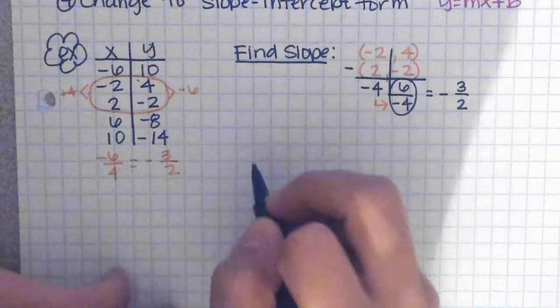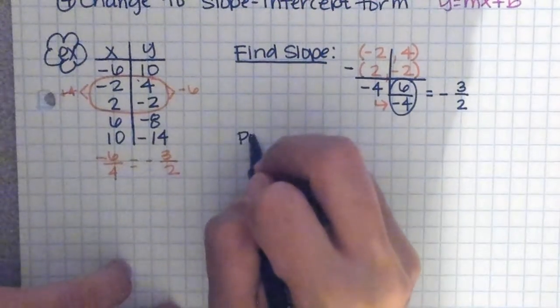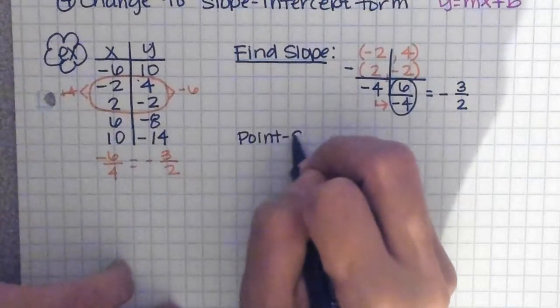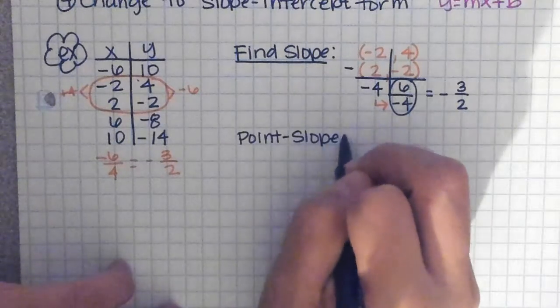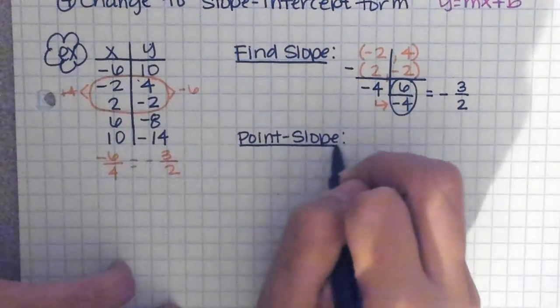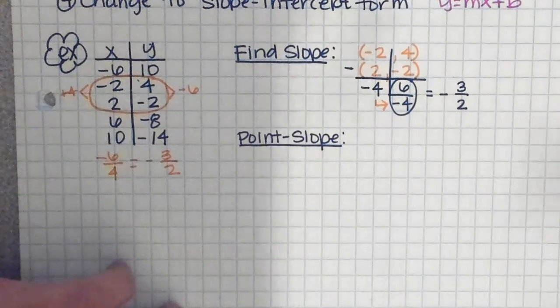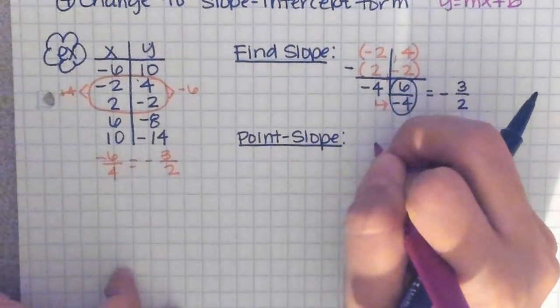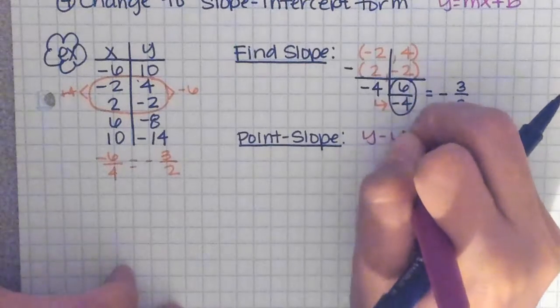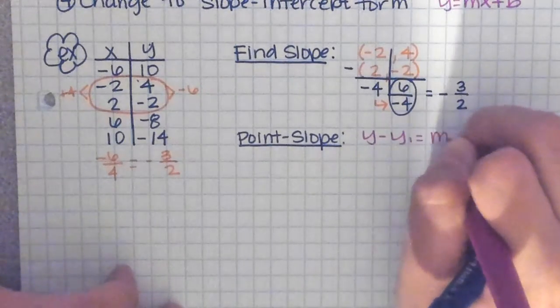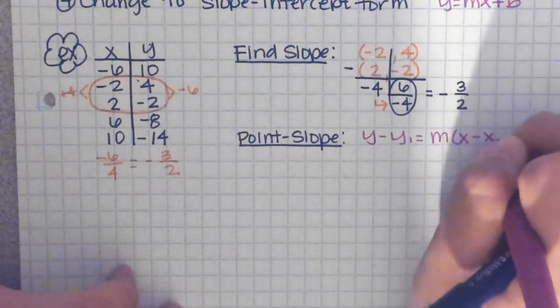All right, so next we are going to use point slope. To move on from there. Again, remember, point slope is y minus y1 equals m(x minus x1).